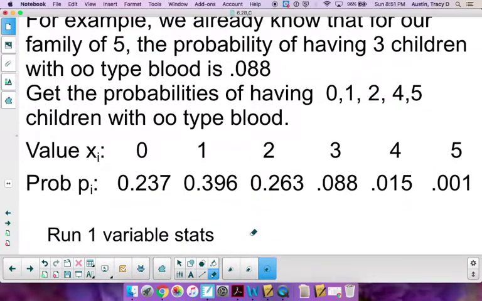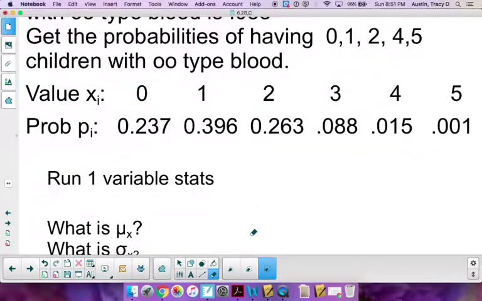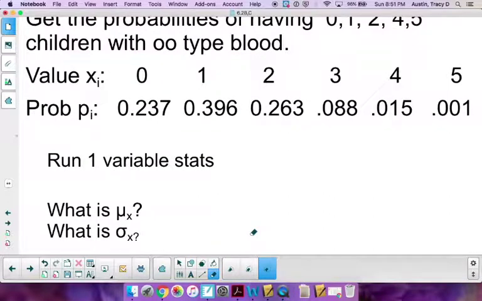Okay, so go ahead and run one variable stats and see what you get for the mean and the standard deviation. And again, we're just going to go ahead and round to 3 decimal places. Okay, so your mean, 1.25.